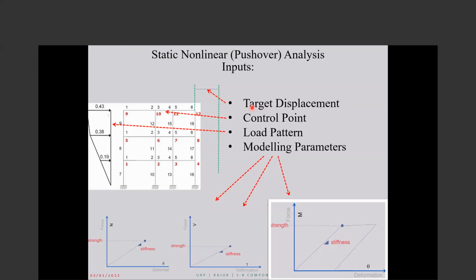Solving the equations becomes very difficult for the software as you deform that building into the nonlinear range, because little by little the elements on the main diagonal of the stiffness matrix become smaller, so inverting them becomes very difficult for most of the algorithms.